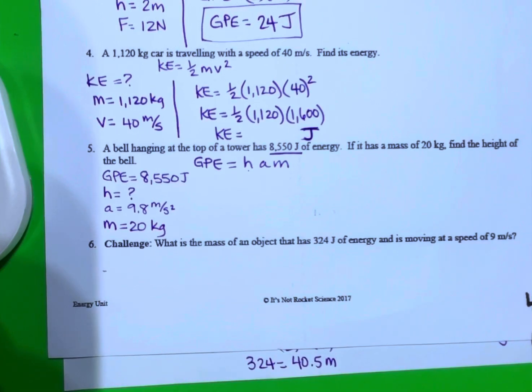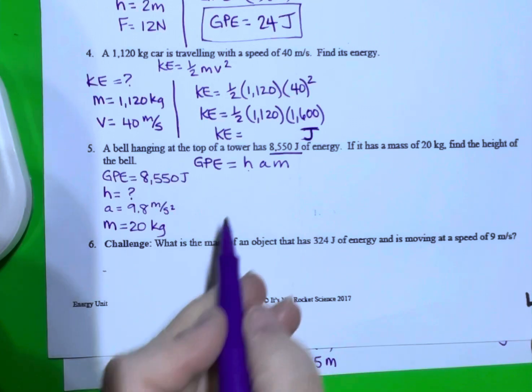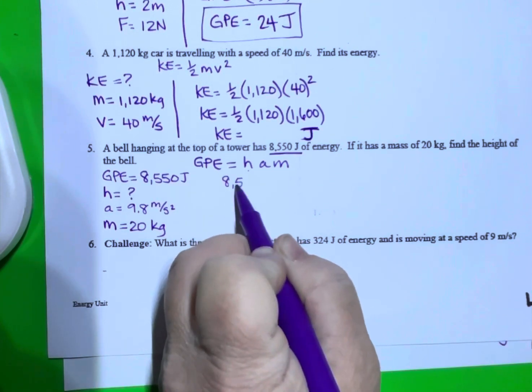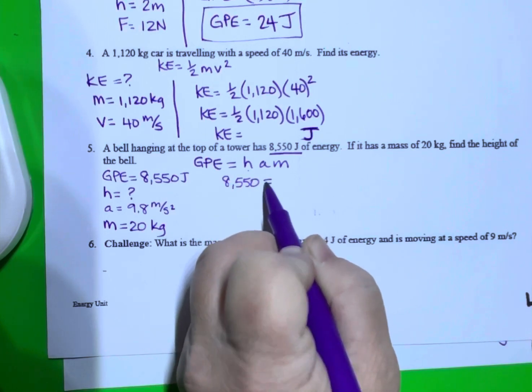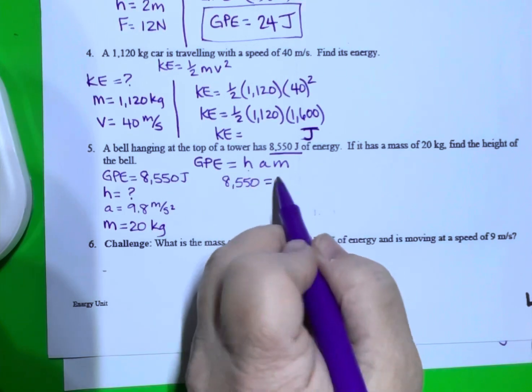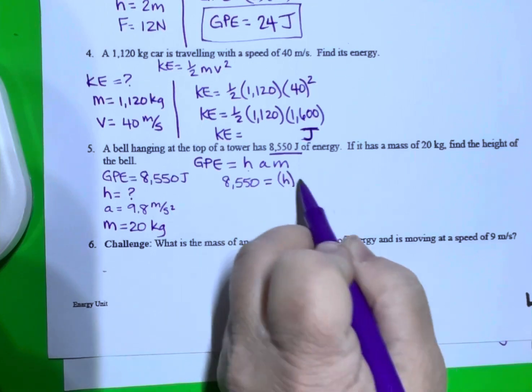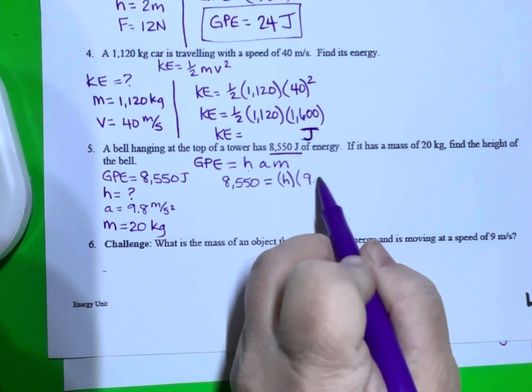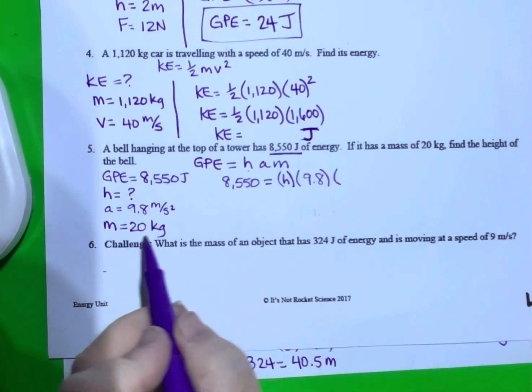So now all we have to do is plug in what we know and solve for what we do not know. So GPE, they told us, was 8,550 is equal to the height. We don't know what that is, so I'm just going to put the letter H, times the acceleration due to gravity, which is 9.8, times the mass, which is 20.